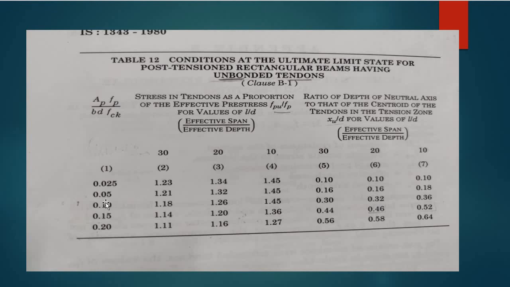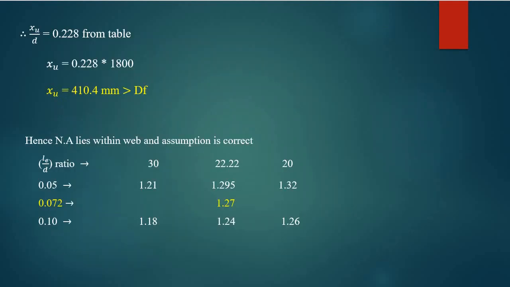Again, it is this column 0.05. 22.22 lies between this 30 and 20, so I should refer to this column as well as the third column. Take the values from both columns. For 0.05, it is 1.21, 1.32. For 0.1, it is 1.18, 1.26.